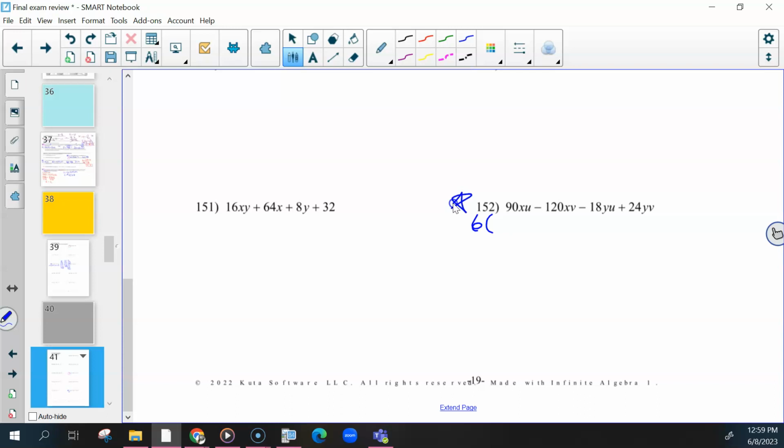What's 90 divided by 6? 15. 15xy, and 120 divided by 6, 20y, and 3y, and 4y. Now the numbers are smaller, a little bit easier to work with.